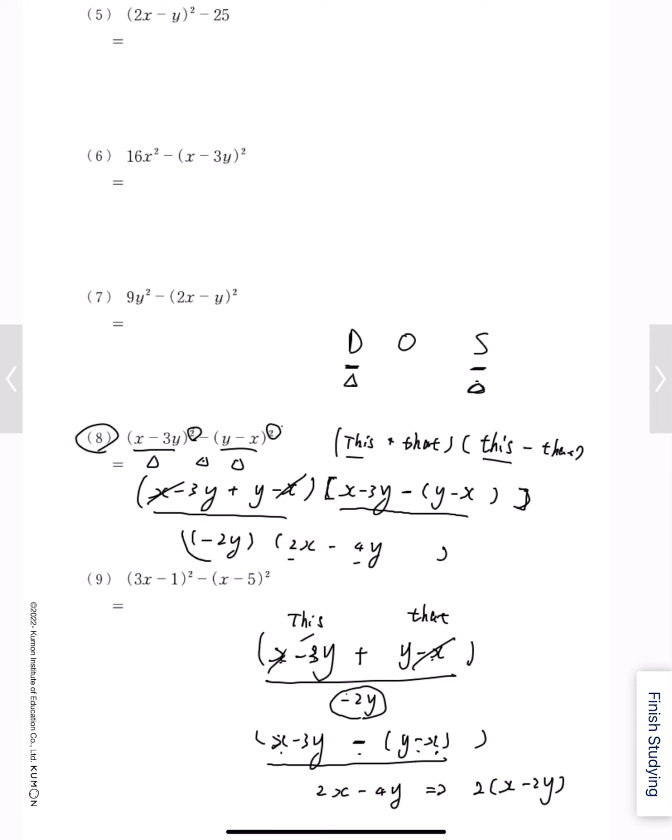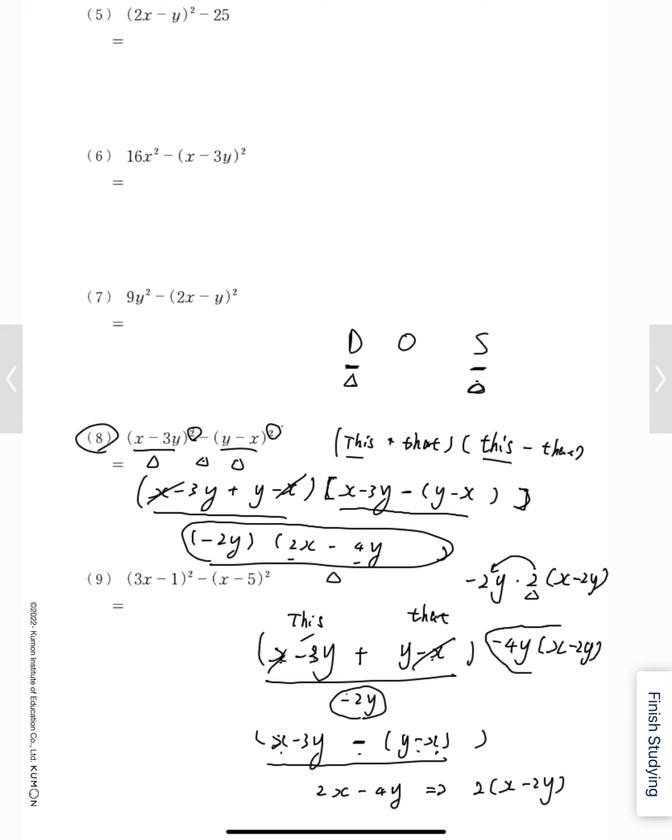That's why here, I can still take out the 2 out of the 2x minus 4y, which I will get negative 2y times 2x minus 2y. So that 2 will multiply with the 2 before that, negative 4y times x minus 2y. My final factorization looks like this.